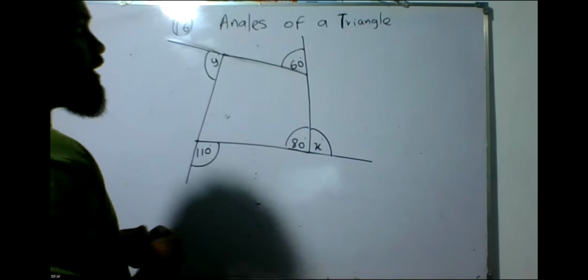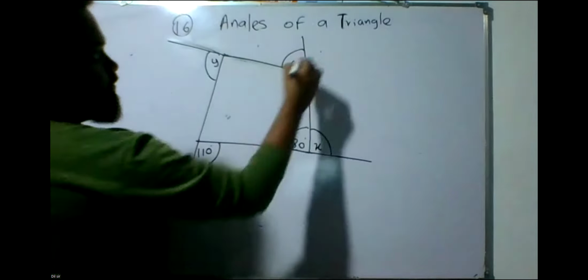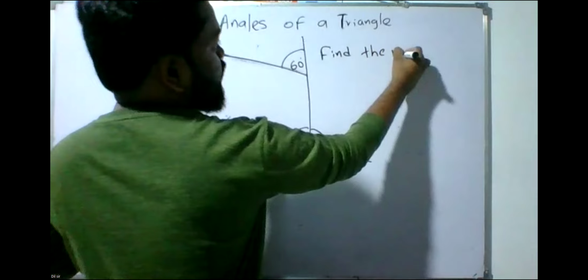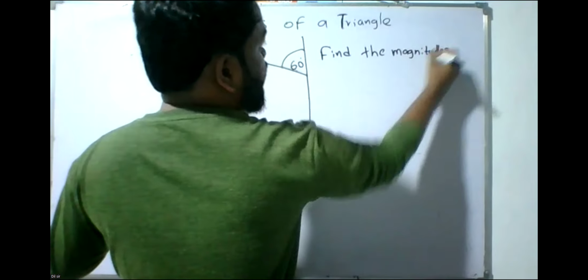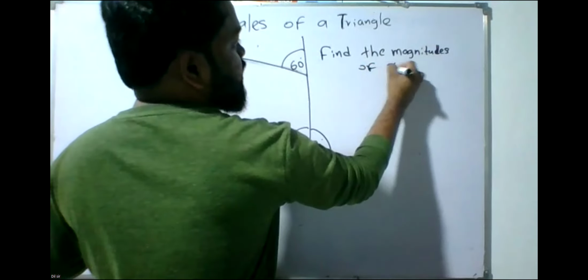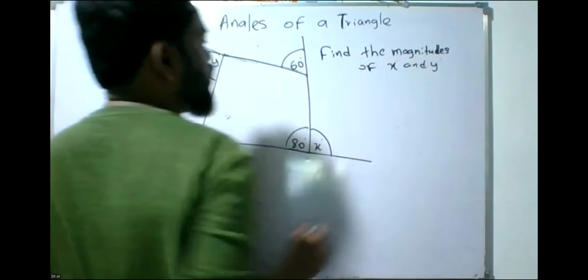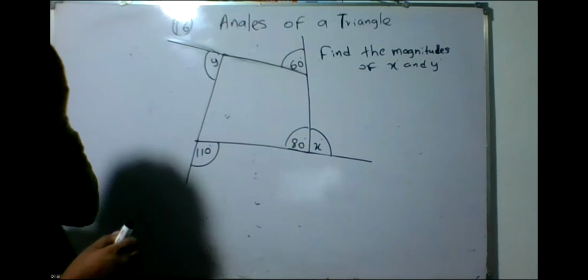Find the magnitudes of X and Y. There are two unknown terms in the figure. Find them, X and Y.